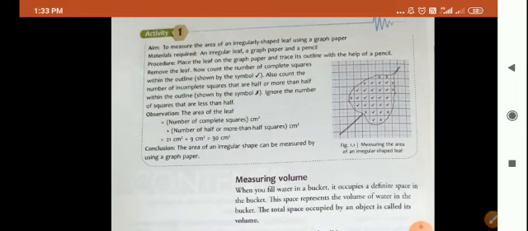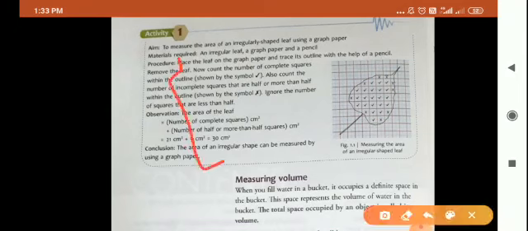Suppose you take a bottle, okay, and this bottle is filled with water. So what is the volume? Volume is the total space enclosed by this bottle. Okay, whatever the total space enclosed by this bottle is known as your volume. And this bottle is three-dimensional or not?